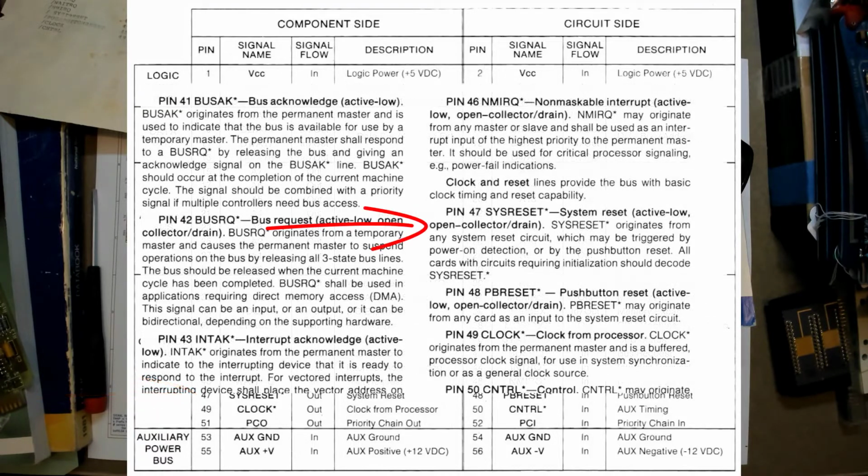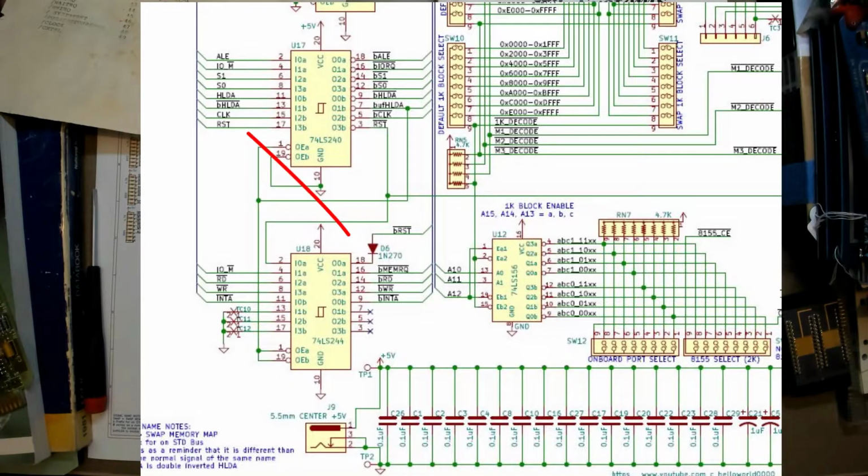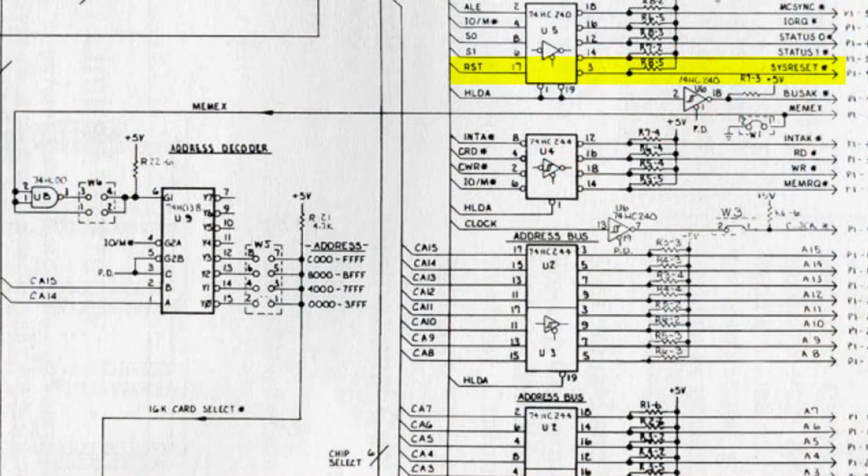But newer specifications call this out to be open collector, which, as I mentioned in my last video, is why I have diode coupled the reset line. But in the later specifications, it was not called out as being tri-stated with HLDA. And as I mentioned in the last video, none of the cards that I have actually had this as open collector. But they did have it tri-stated.